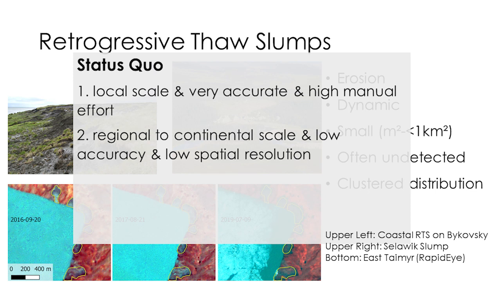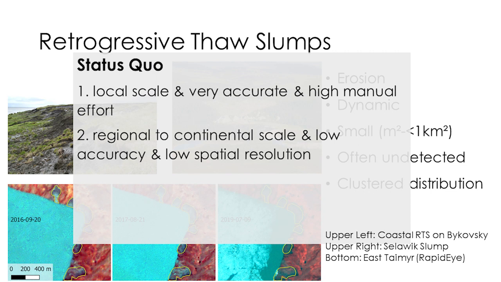So far, most studies are mostly local scale with high resolution data. They're pretty accurate, mostly based on digitization and quite simple methods. But that requires high manual effort and is limited to really small local areas. So we don't really know the big picture.